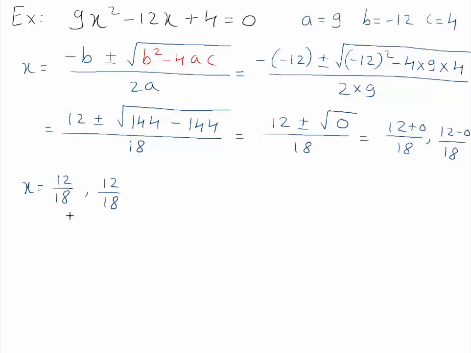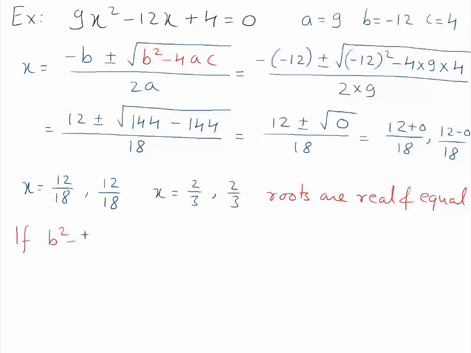So if we see, we have got two roots, but in this case they happen to be equal, which we can simplify and write as 2 by 3 comma 2 by 3. Now here the roots are real and equal. The reason why the roots came out to be equal is because b square minus 4ac here becomes 0.